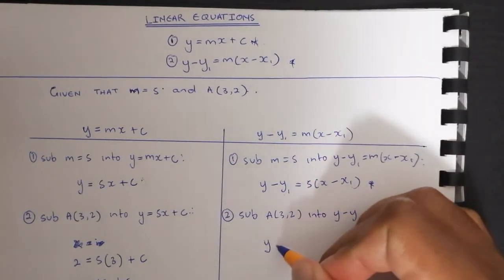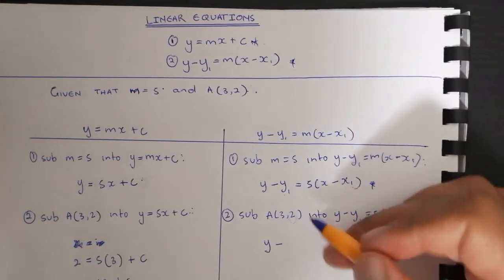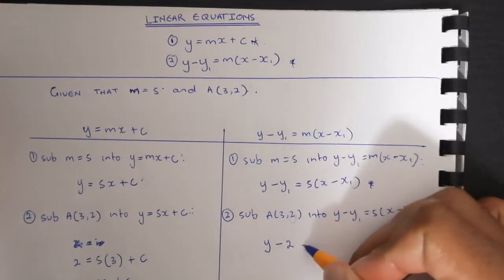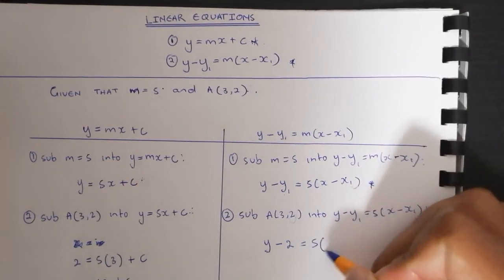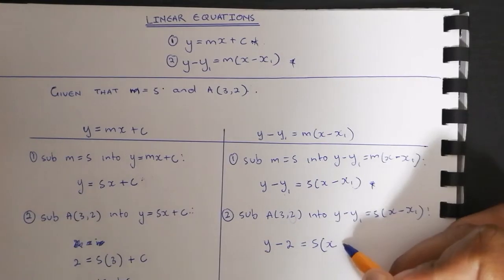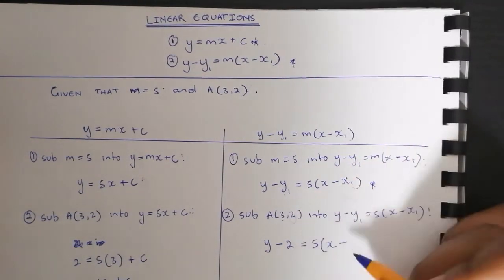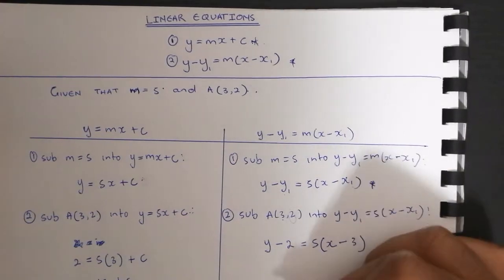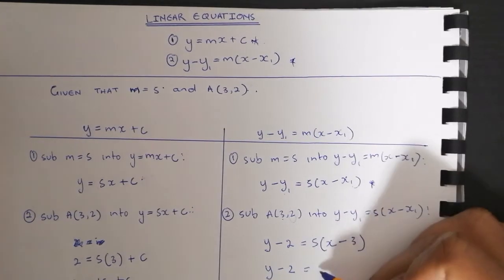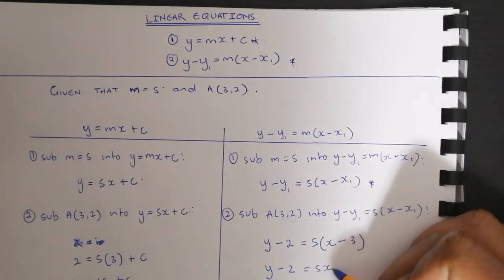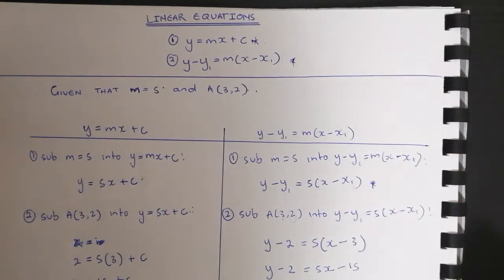For y1 we substitute 2, and for x1 we substitute 3. That gives us y minus 2 equals 5x minus 15.